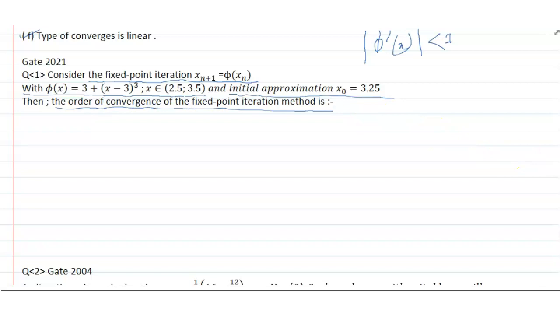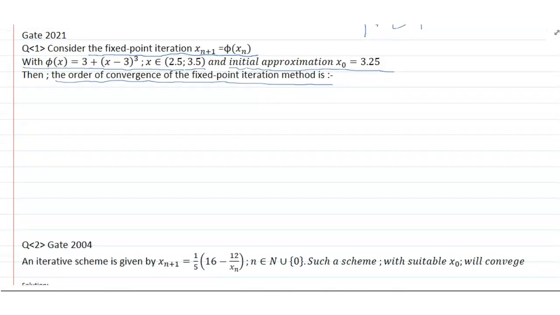So friends, what I have to find out is the order of convergence of the fixed point iteration. How can I solve this?